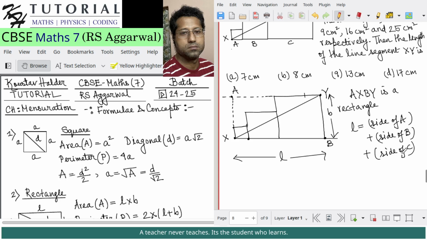That is, the sum of the lengths of each side of all the squares will be the length of the rectangle.